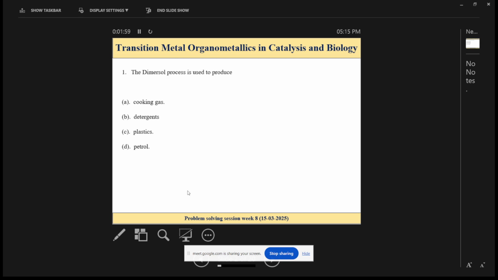We just started the polymerization reaction in the last lecture. In the next week, we will discuss the polymerization reaction in more detail.